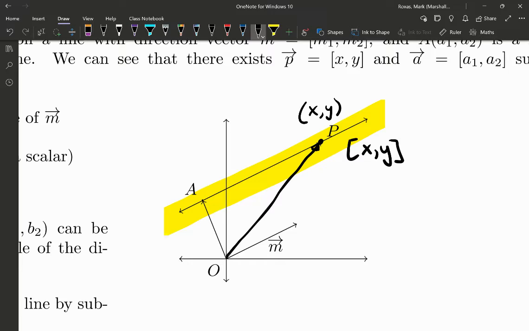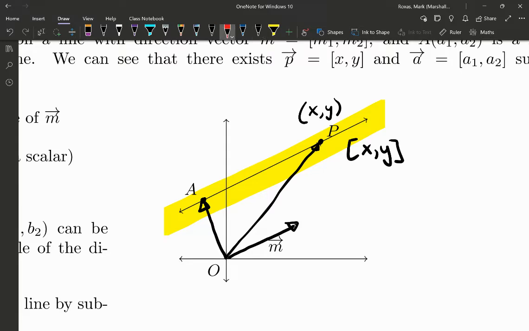So let's say we are given point A, and we're going to express the point A as a point vector. So again, from the origin, point A is a point vector, and as long as we have that point vector plus the direction vector, so here you have the direction vector m.